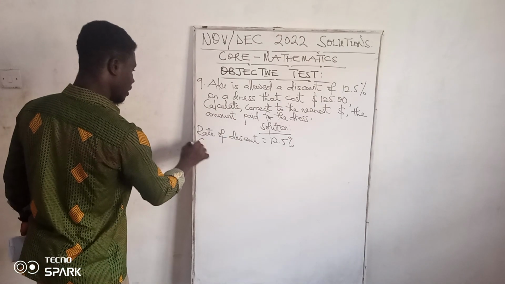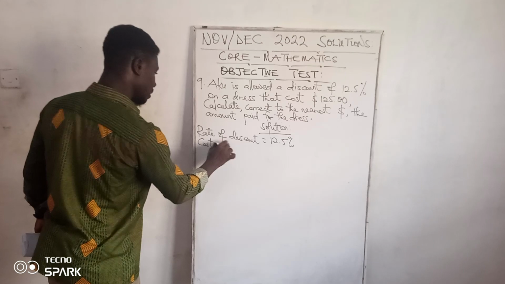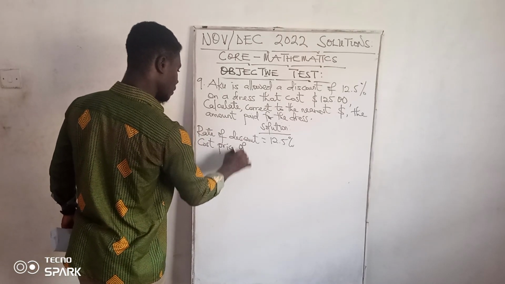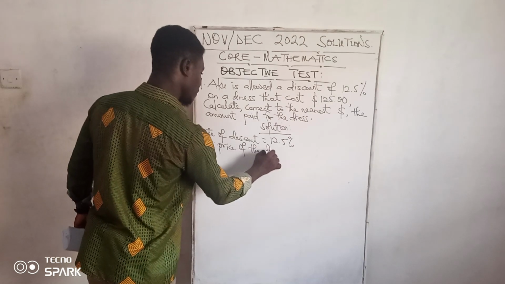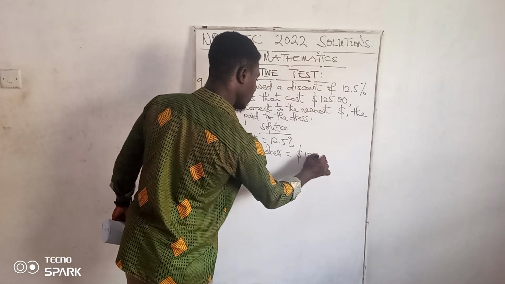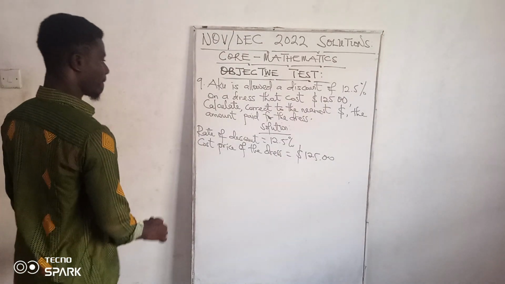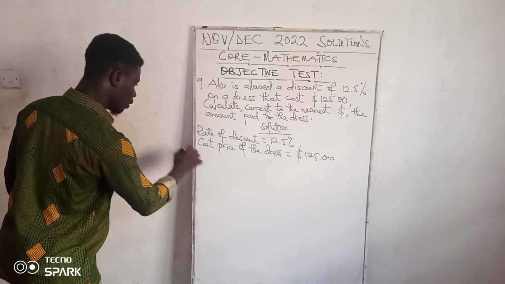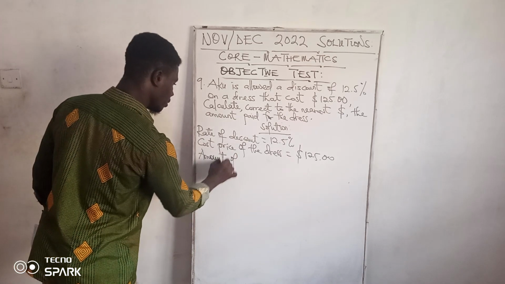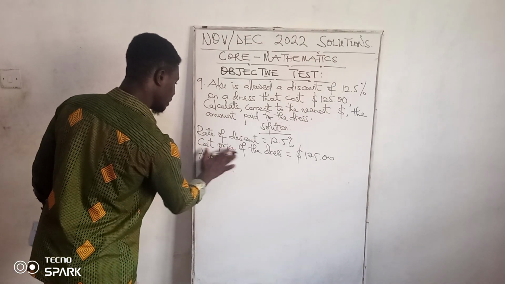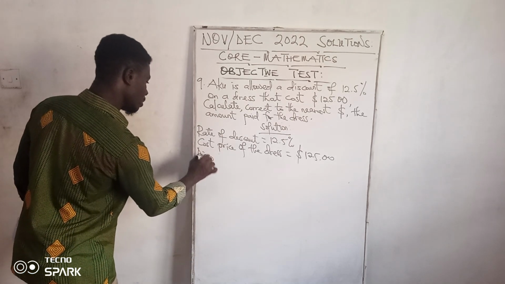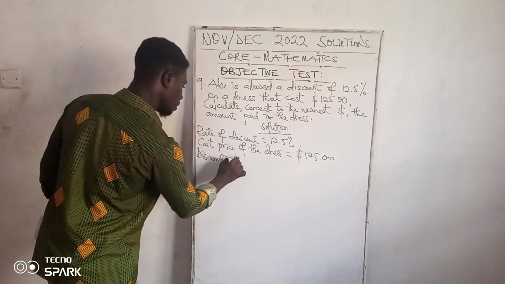12.5%, right? And the cost price of the item, that's the dress. The cost price of the dress is $125, right? So this time around we can find the discount amount.